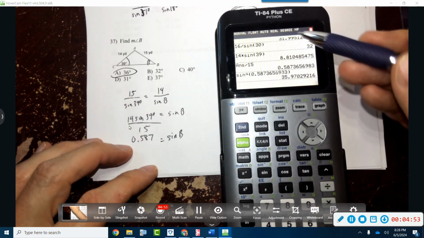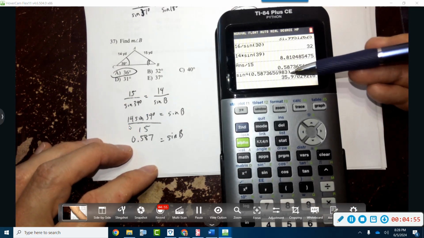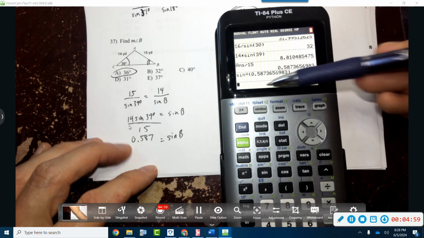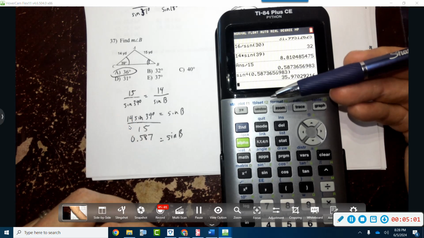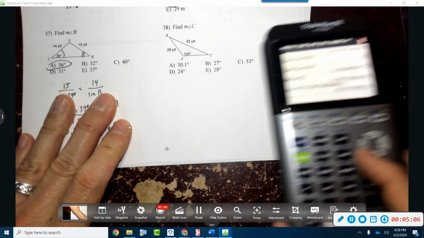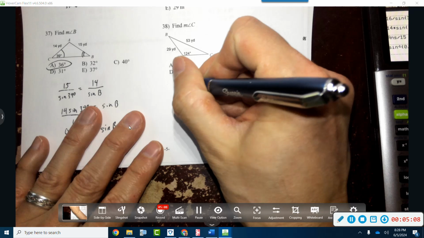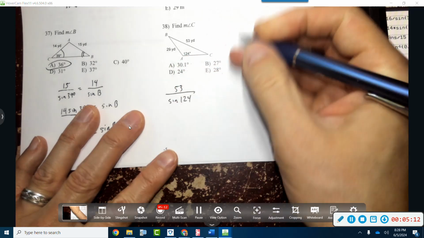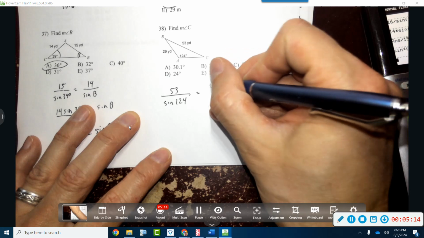Okay, we didn't have to worry about it being over 90 degrees. If it was over 90 degrees, we would have an issue of it being in the second quadrant. Okay, so we're good.